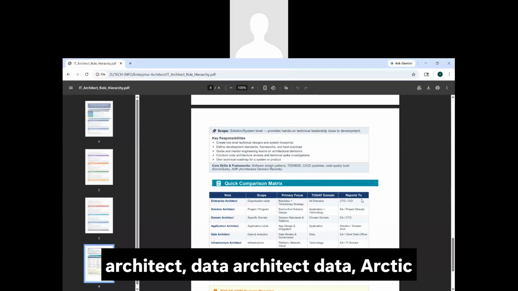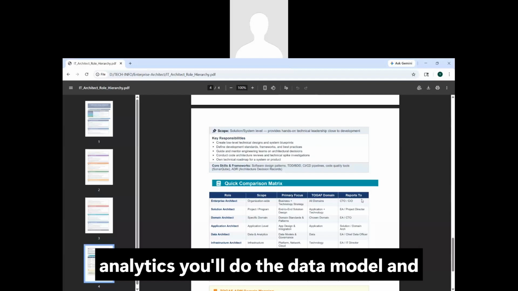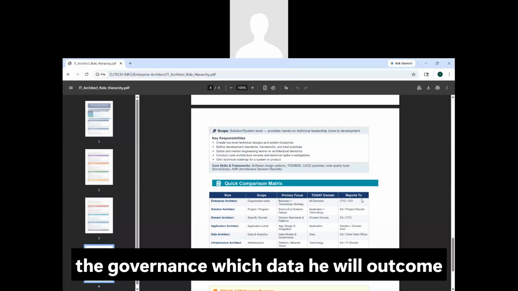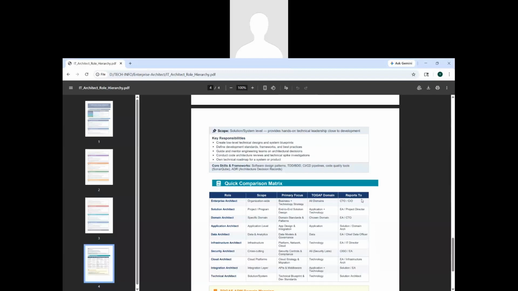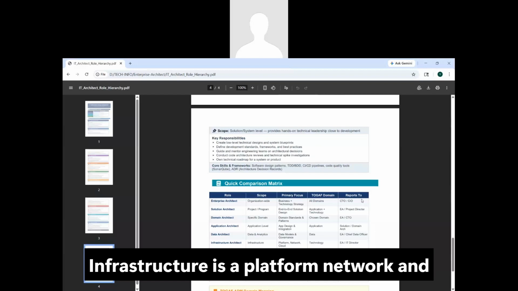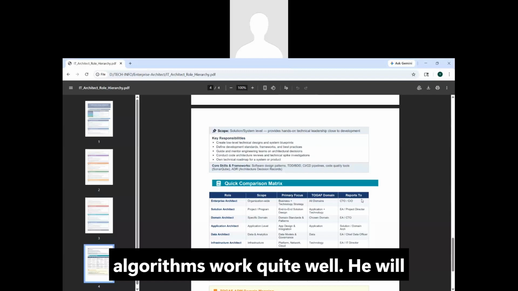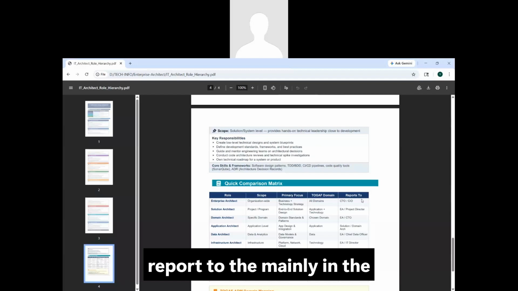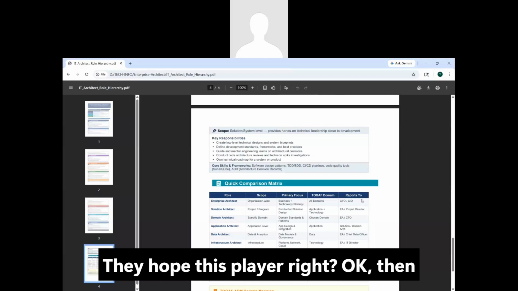The data architect covers data analysis, analytics, the data model and governance, and works with the enterprise architect and chief data officer. The infrastructure architect covers platform, network and technology, and reports mainly to the enterprise architect or IT director. I hope this is clear.